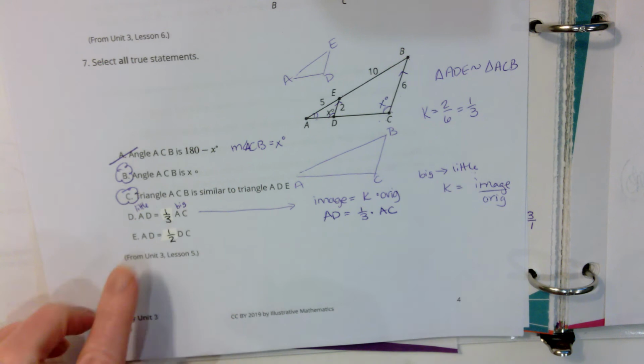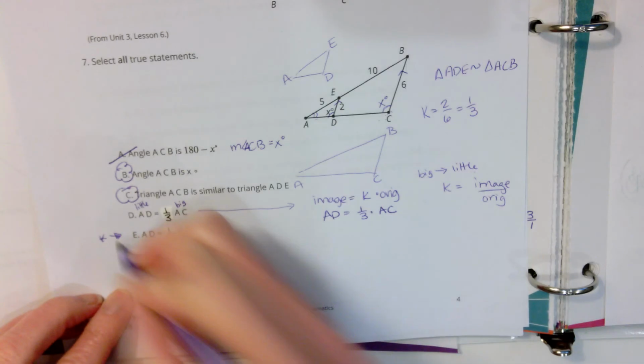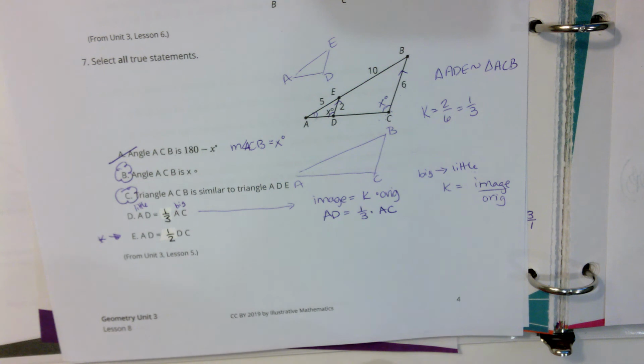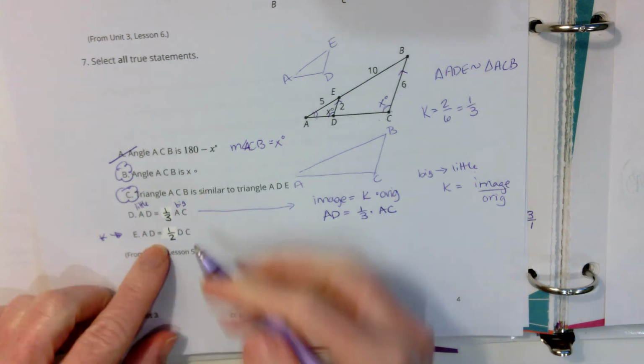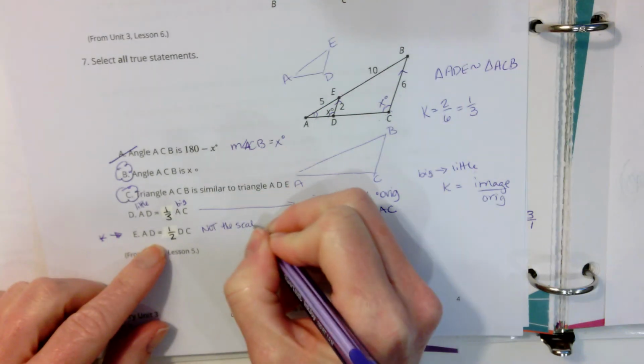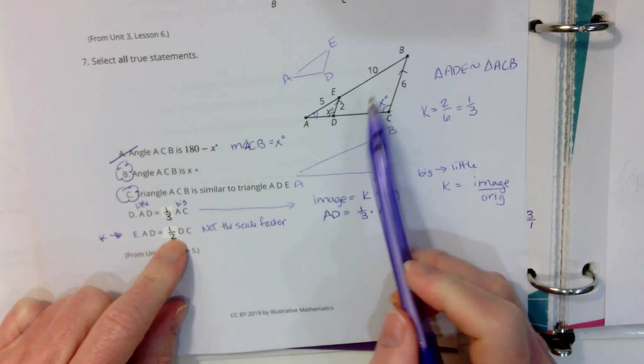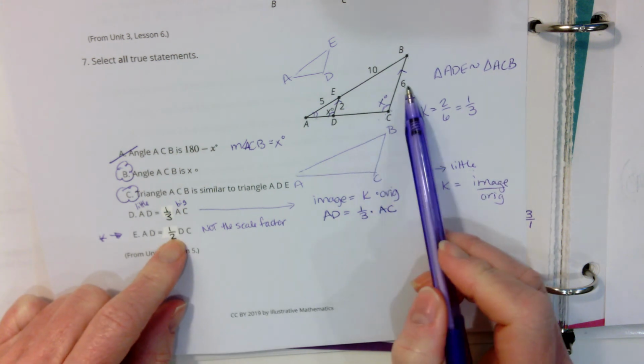So now E. You have not done this yet. This is actually out of place, really, but I want to talk about this one because we are going to do it. This is not the scale factor. Some kids automatically cross this out because they see the 1/2, when they look up here and know that the scale factor is 1/3.